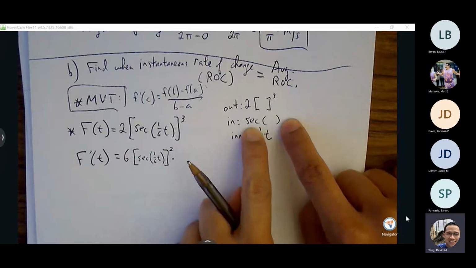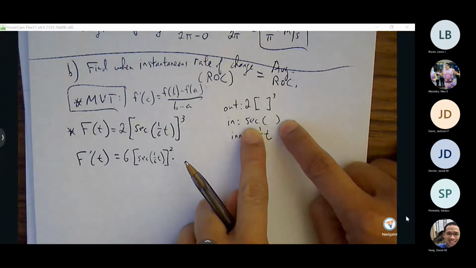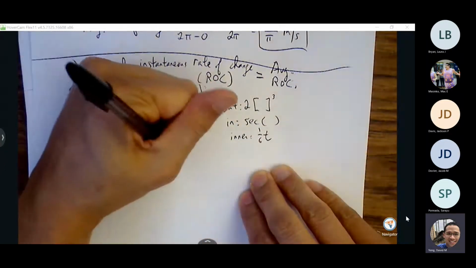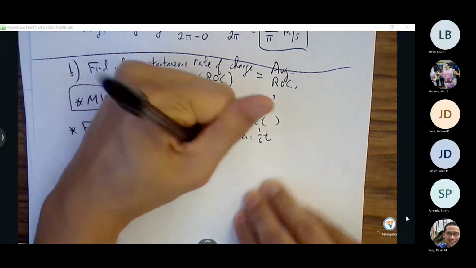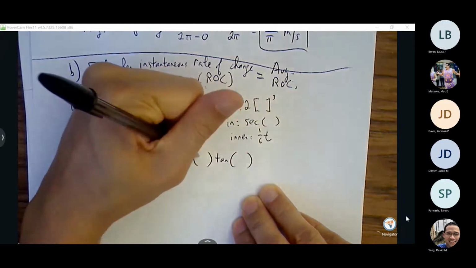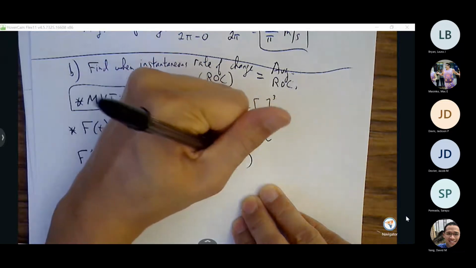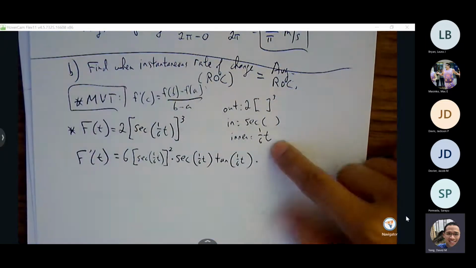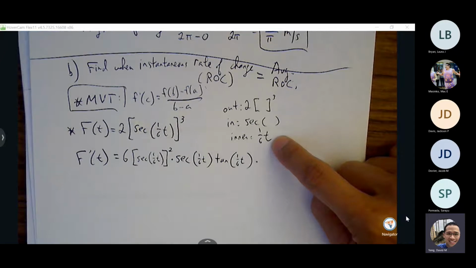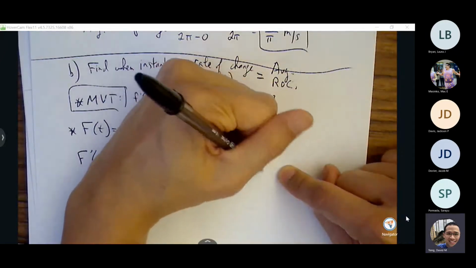Sorry, inside function's derivative. Secant becomes what? Secant tan. Multiply it by the innermost function's derivative. 1/6t becomes 1/6.